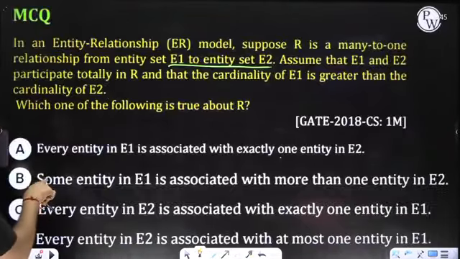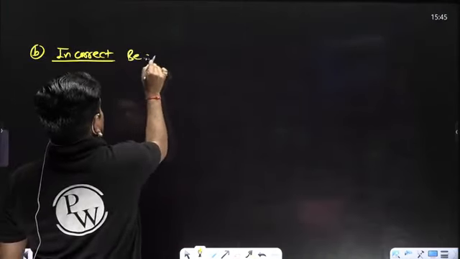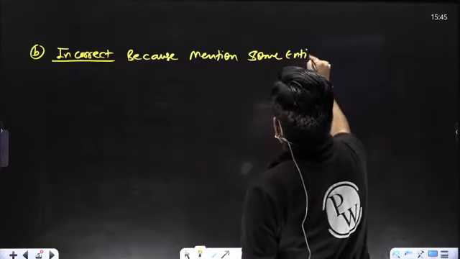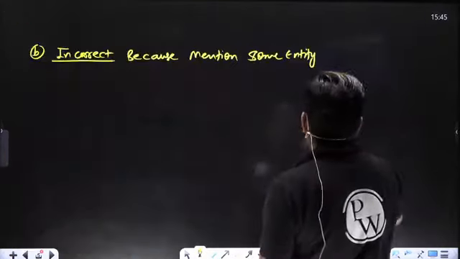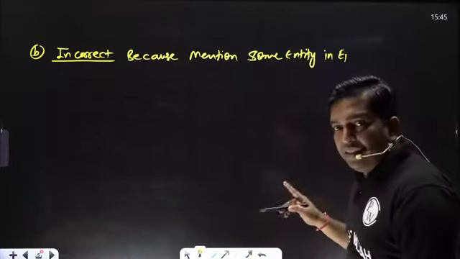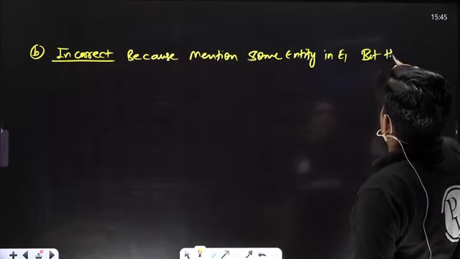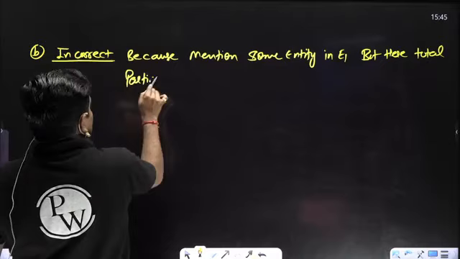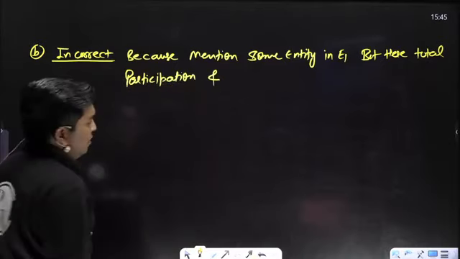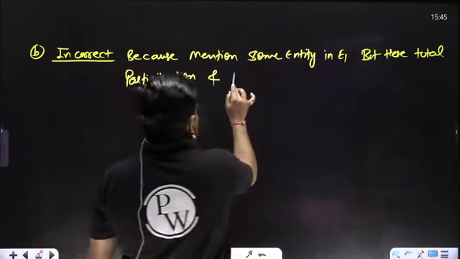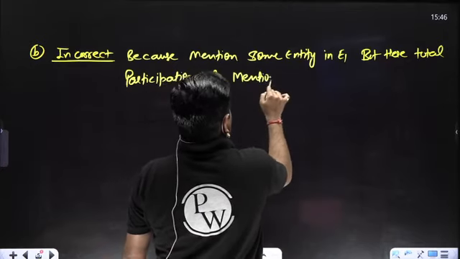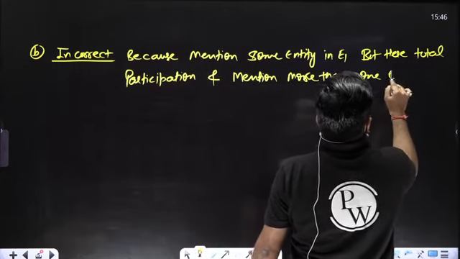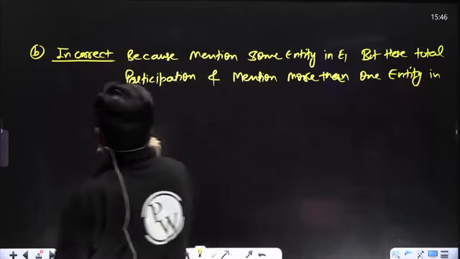Because it is mentioned some entity in E1, but here there is total participation, and it says more than one entity in E2.